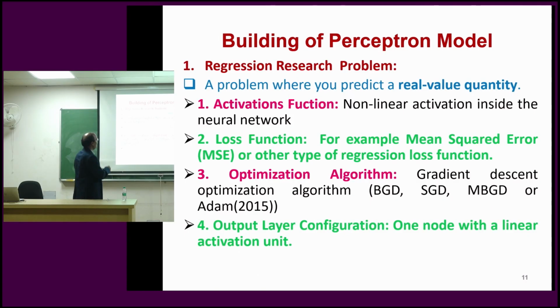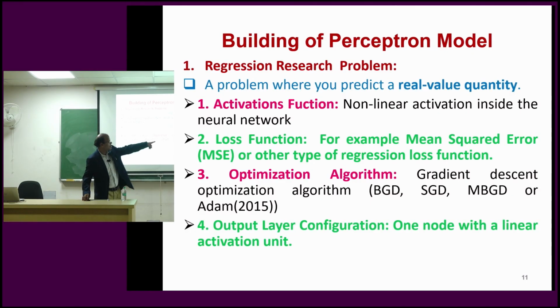So to build any perceptron model, always keep 4 important parameters in mind. One is the activation function: linear activation for the output, and nonlinear activation inside the network. Then the loss function, and the third is the optimization algorithm. Fourth is the output layer, depending on the application. Since we are using the regression task, you have to use the linear activation, right?